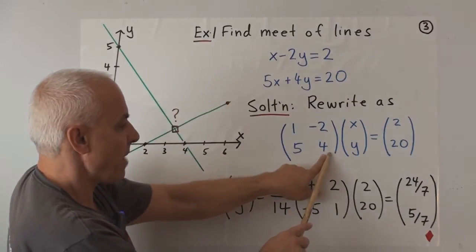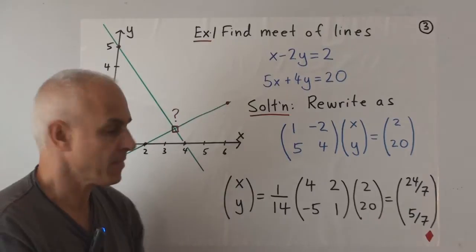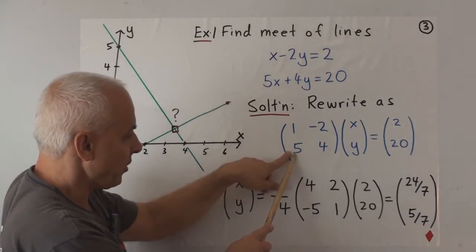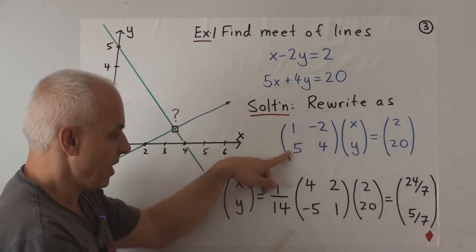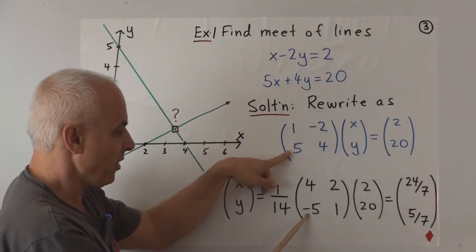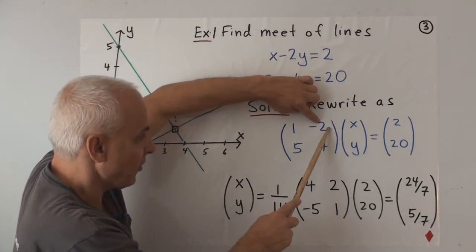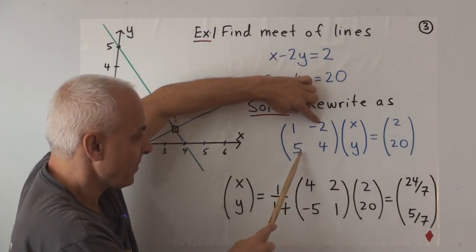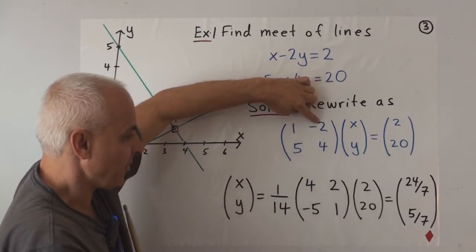The determinant of the minor corresponding to this position is just the 1, so it goes there. The determinant of the minor corresponding to this is that minor there, that's minus 2. But the minus 2 doesn't go here, it goes there. And the minor corresponding to this is the 5, and that goes not there, but in that position there.